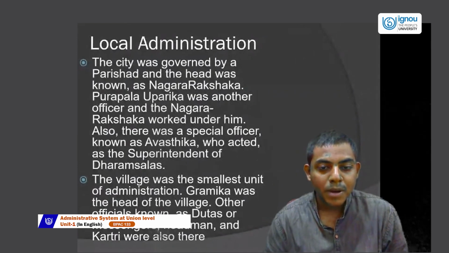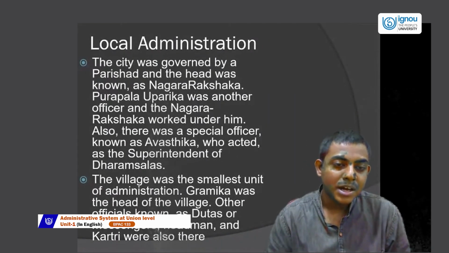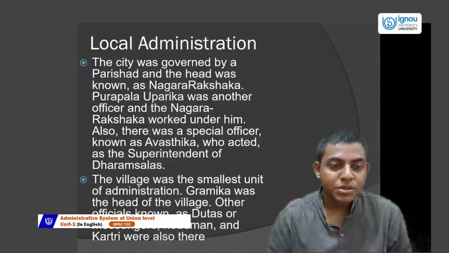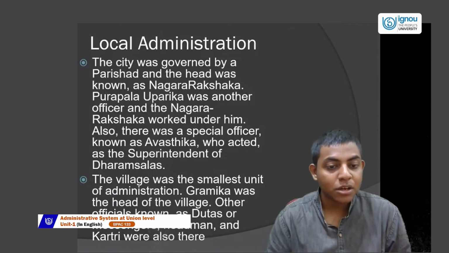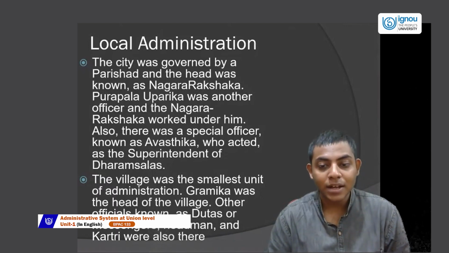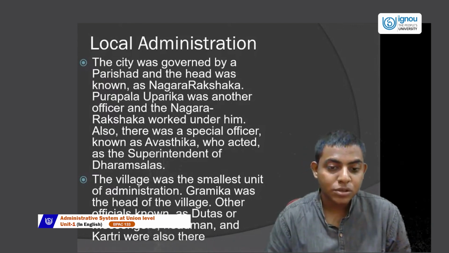So the Purapal Uparika was above the Nagar Rakshak in the urban administration, which was governed by a parishad. Also, there was a special official known as the Avasthika, who acted as the superintendent of the Dharmashalas.